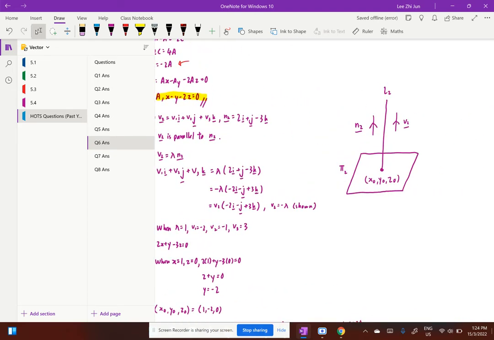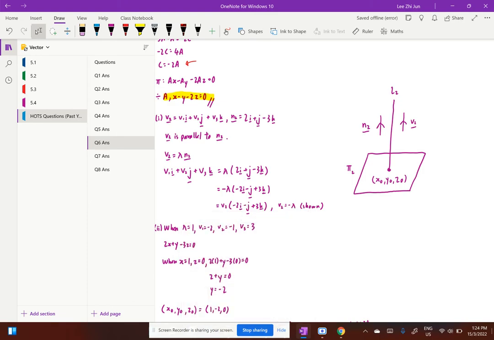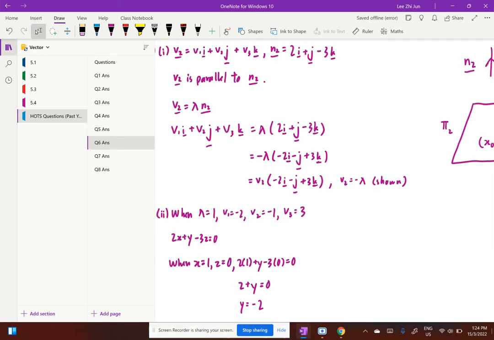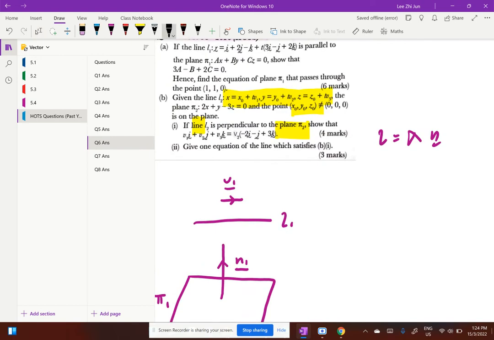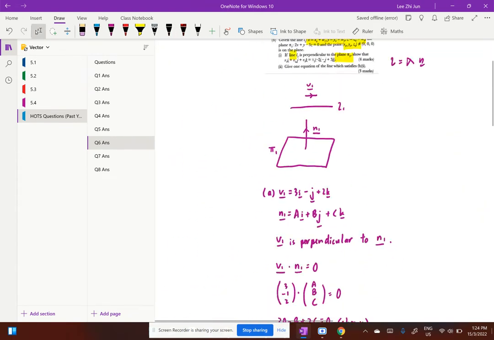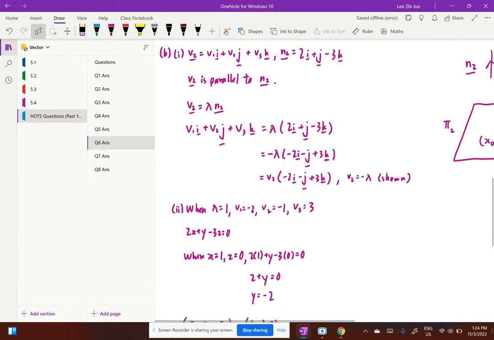I need to find the lambda in order to get this v2 come out. I need to take out the negative, so I will show it at question b2. So v2 equals negative lambda.